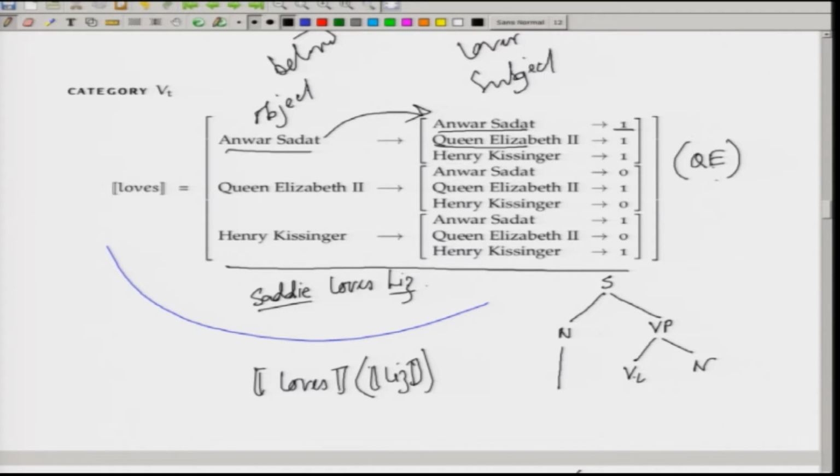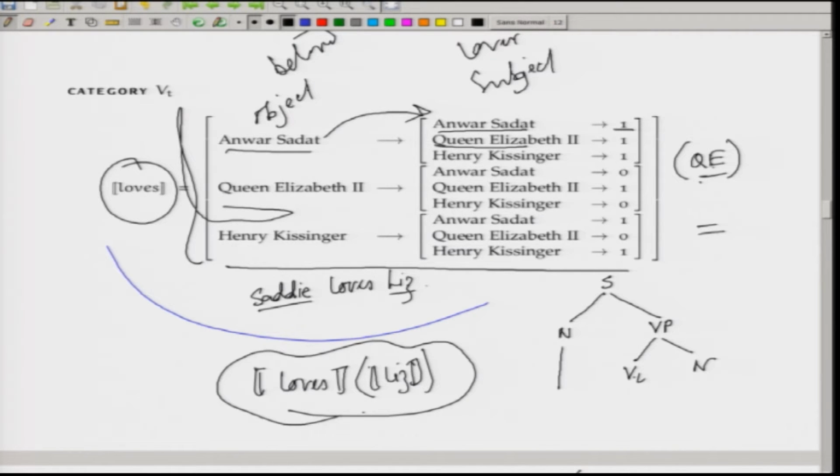This entire function takes this as an argument. Imagine that this is not there, we are just talking about this. So, this is loves, which is a function, takes q e as an argument, and what will it generate? It will generate this thing.